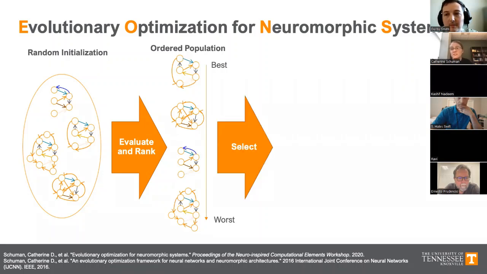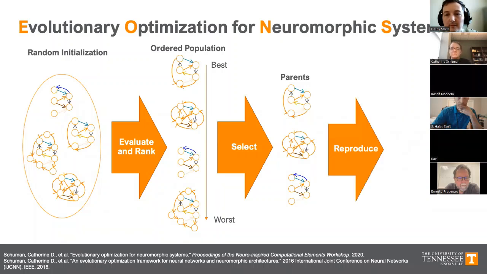We use tournament selection to preferentially select the better performing networks to serve as parents. And then our reproduction operators are custom to this representation. So we do both crossover and mutation. And so just to give you an idea of what crossover might look like, hopefully you can see my mouse. This individual here is a child of these 2 parents.